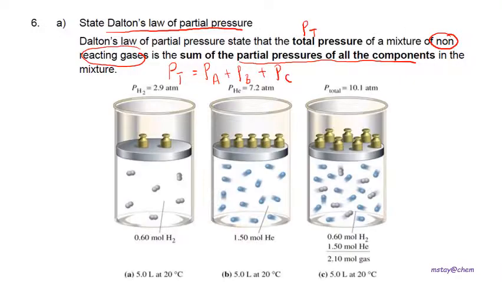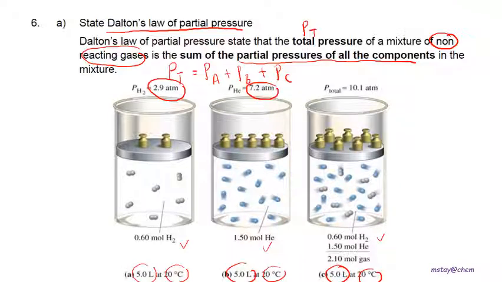Look at one diagram here. All these three containers have similar volume, which is 5 liters, and the temperature is also 20 degrees Celsius. Let's say if individually the hydrogen gas is inside this container, the pressure asserted is 2.9 atm. If helium alone is placed in this container, the pressure asserted is 7.2.